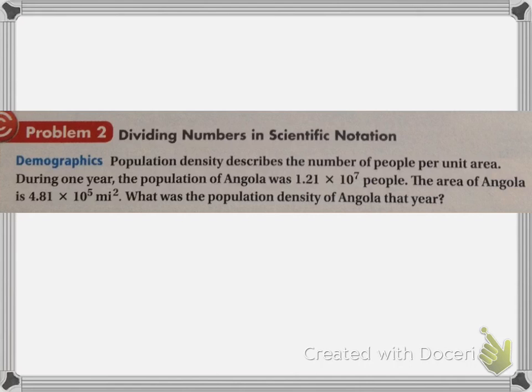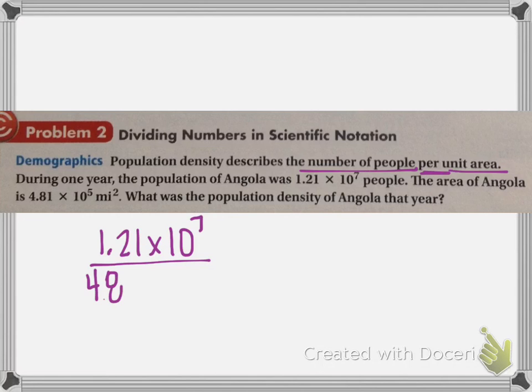So per means divide. So we are going to divide the number of people by the unit area. So it's going to be 1.21 times 10 to the 7th divided by 4.81 times 10 to the 5th.